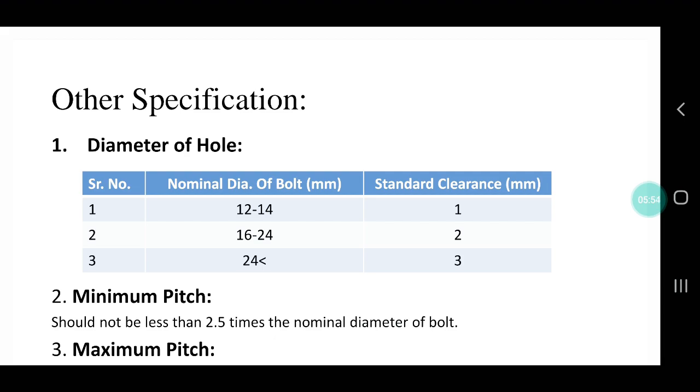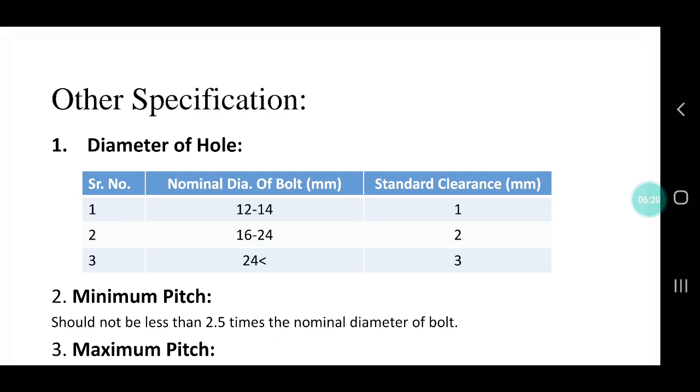Here you can see the table showing the serial number, nominal diameter of bolt in mm, and standard clearance. How much clearance should be provided for the different diameters of bolt is shown in this table.